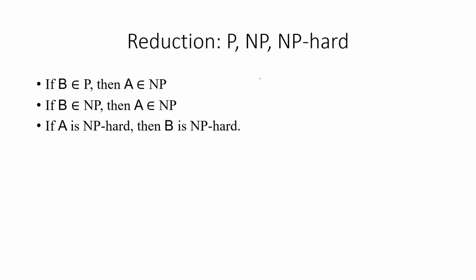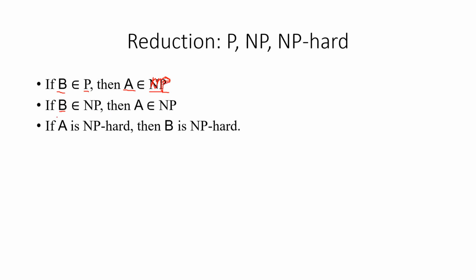So why do we need reduction? Reduction allows us to show which category some problem belongs to. For example, if we have some problem B and that problem is in P, and if we are able to reduce the problem B to the problem A, then we can also say that it is in P. Sorry, this should be NP.